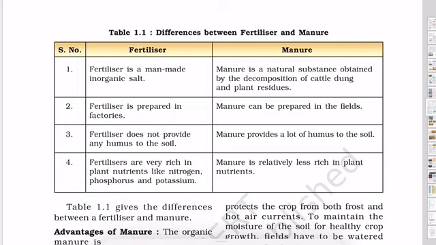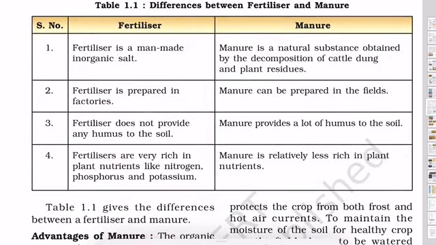Now let us see the difference between fertilizers and manures. Fertilizers are man-made, whereas manures are natural. Fertilizers are prepared in factories, whereas manures are prepared in fields. Fertilizer does not provide humus, whereas manures provide humus.